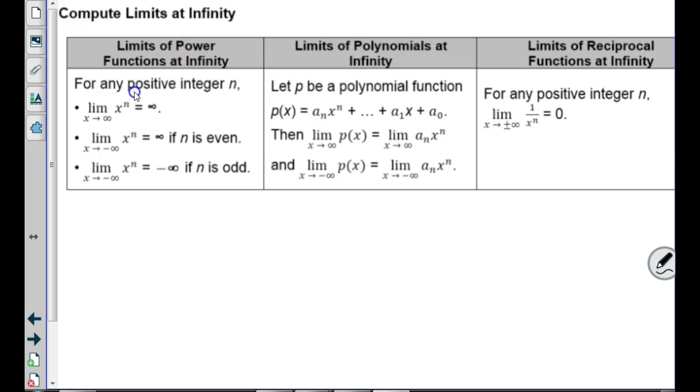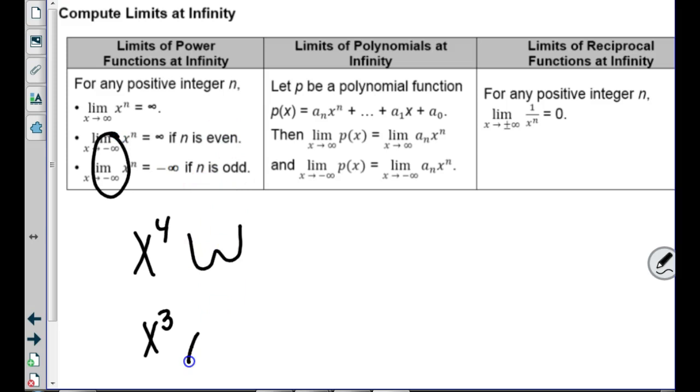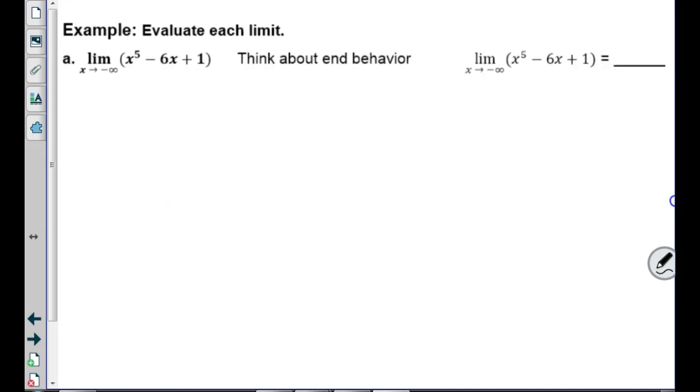So we learned all this. If you have a leading, no, this says if you have a positive integer, so you have x to the 4 or x to the 3. This means both ends are up, right? This is talking about left end. So it's up if it's even, left end is down if it's odd. Okay, this is all stuff we really already know.